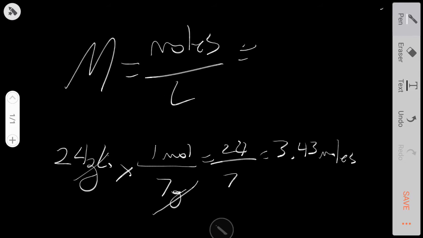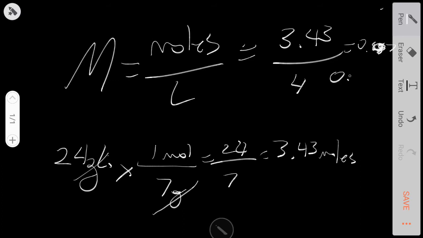Cool. So molarity is moles per liter. That's going to be 3.43 divided by 4, which should give you 0.857. So your answer here for 15 is D.